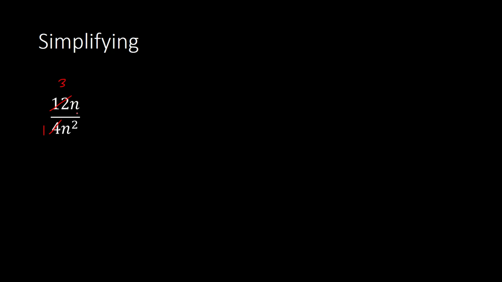And then n over n squared, I can subtract the exponents, the 2 and the 1, to get n to the first power. So n to the first power would in this case go in the bottom because your exponent is bigger down here. So we have more n's down here, so when I cancel, I'm still left with 1 in the bottom. The 1 on the top is now gone. So my solution is 3 over n to the first power, or just 3 over n.